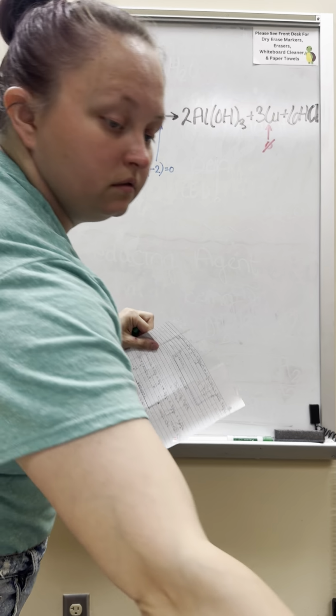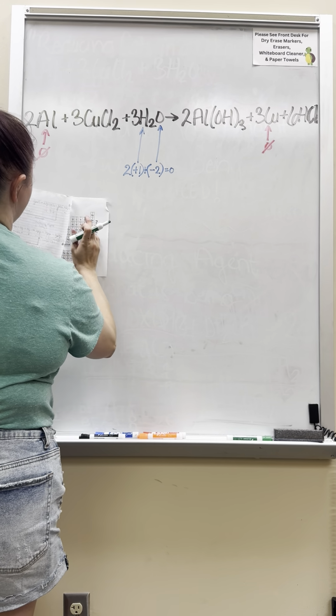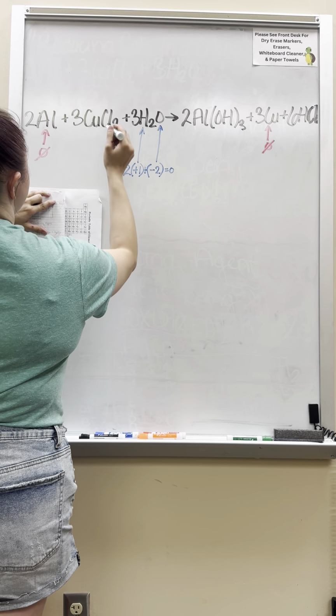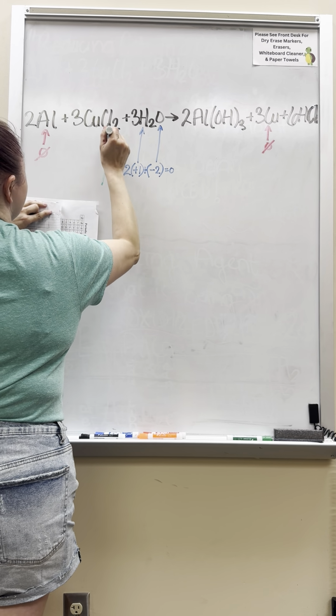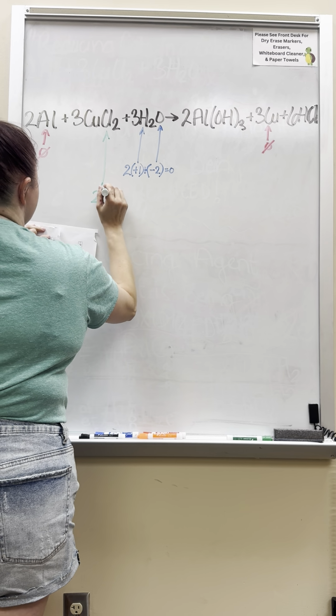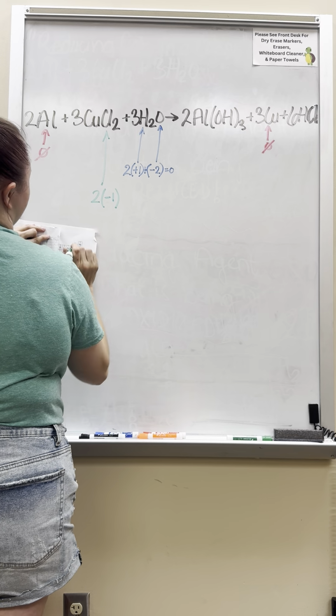Now, our periodic table, we know Cl is generally -1, and that's 2 times -1 because of that 2 right there.